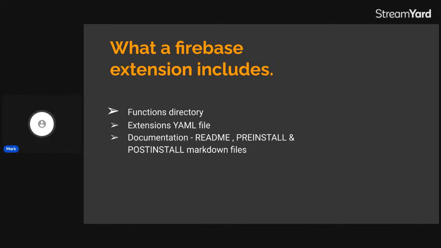The post-install file covers what you should do after installing the extension. All of these, the readme, pre-install, and post-install, are markdown files. So those are the three main components of an extension.